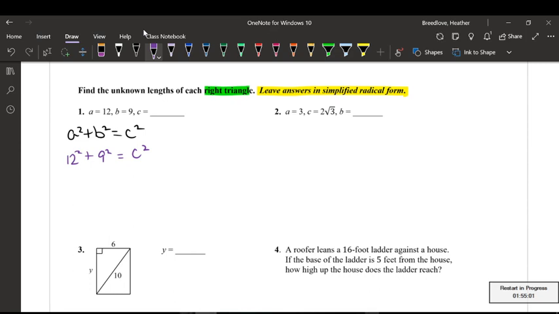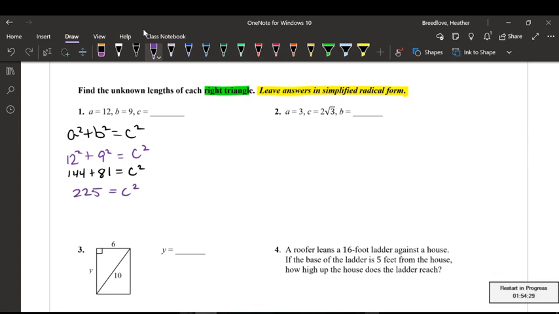We can actually just type everything on the left in the calculator, 12 squared plus 9 squared, and it will do it for you. But I'm going to write it out. This will be 144 plus 81 equals c squared. 144 plus 81 is 225. So 225 equals c squared.